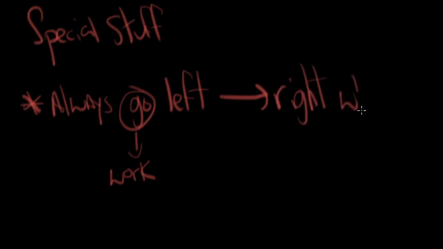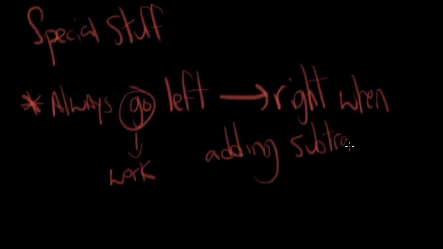And when I say go, what I really mean is work. So always work left to right when adding or subtracting. This is the first special thing we're going to talk about when adding and subtracting. It's really important stuff. Always go left to right.